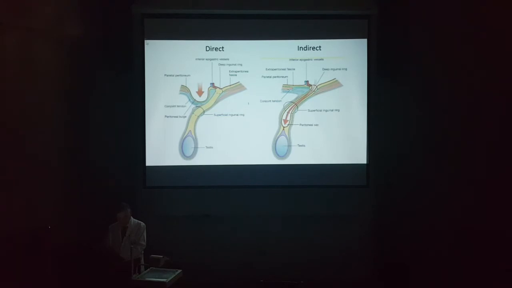The difference between direct and indirect inguinal hernia is that the direct is more medial and it bulges towards you. The indirect inguinal hernia goes obliquely down in the direction of the scrotum. The structure that separates between the two is the inferior epigastric vessels, arteries and veins.